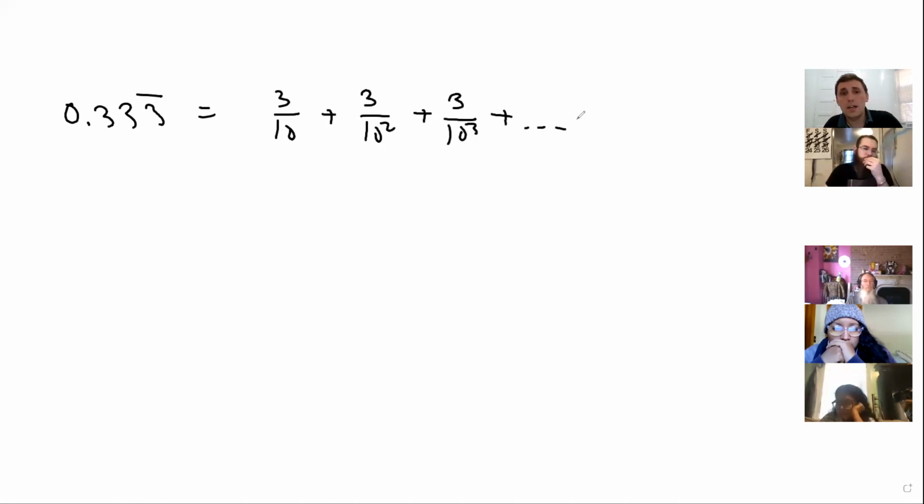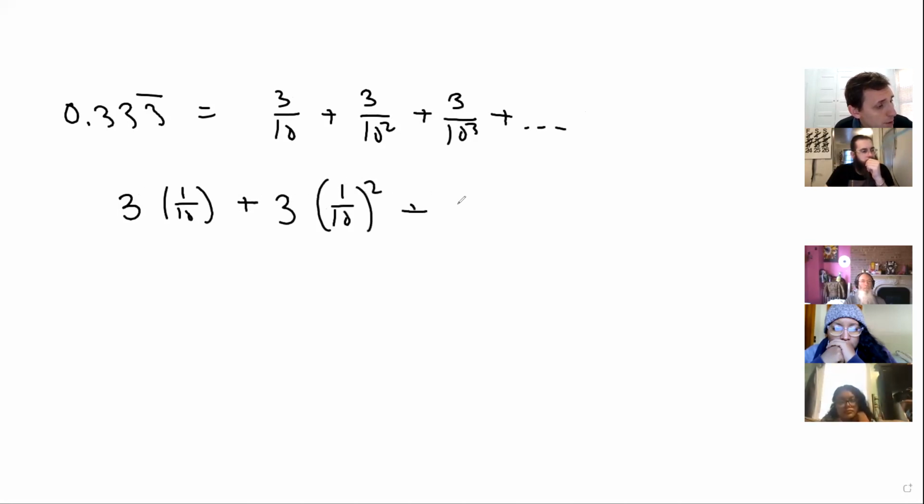So as you can see, this is an example of a geometric series. You can write it as 3 times 1/10 plus 3 times (1/10) squared plus 3 times (1/10) cubed and onwards.